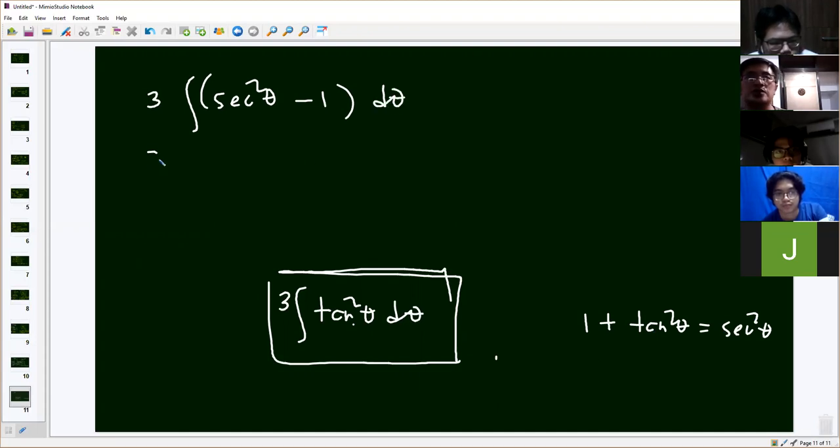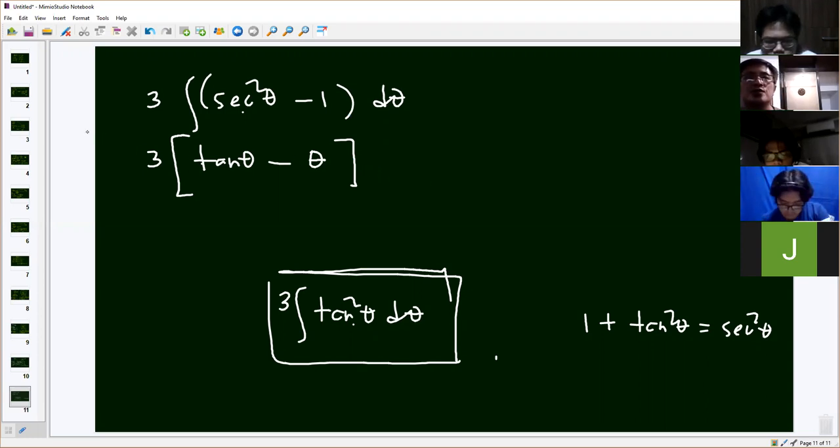So 3 times the integral of the first, integral of the second. At madali na yun. Yung una, integrable form secant squared, which is tan theta. And then ang integrable form ng 1 d theta, of course, theta. Parang 1 dx yan, integral x. Plus C, sana, tapos na sana.